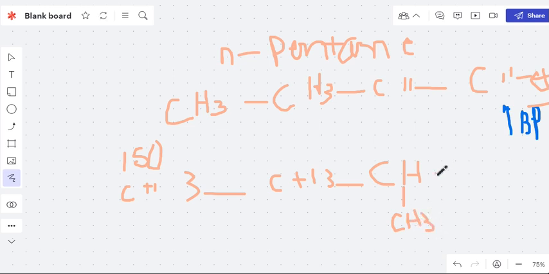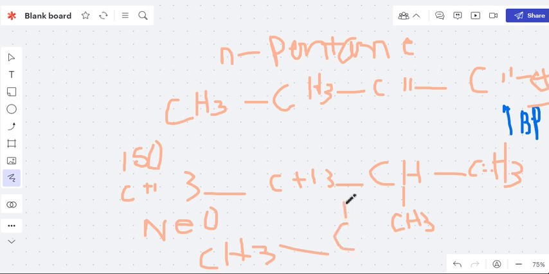Then neopentane is C with four CH3 groups attached. Which has a large surface area?